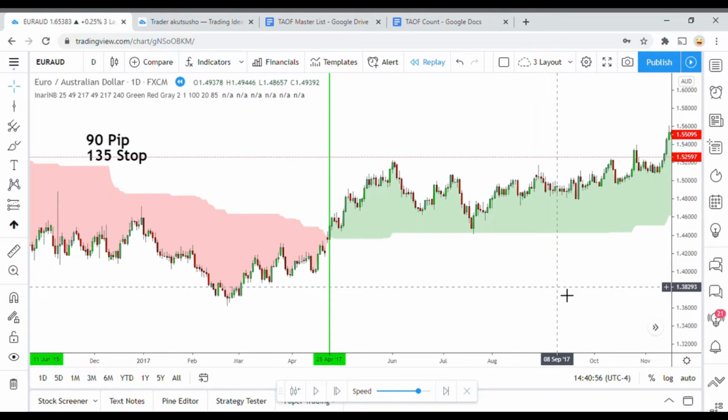But at the same time, I want people to have realistic expectations as to what is going to happen when you actually put these indicators on a long enough period of time. Not the settings, but test them over a long enough period of time. You're never going to find an indicator or a system that gives you a 100% win rate every single time. You're going to take losses.